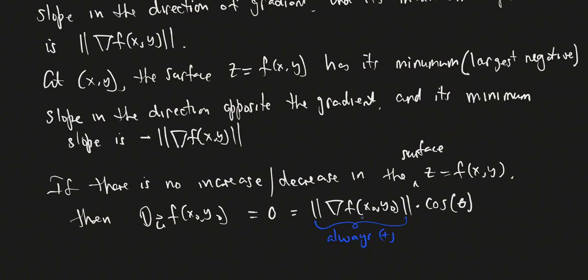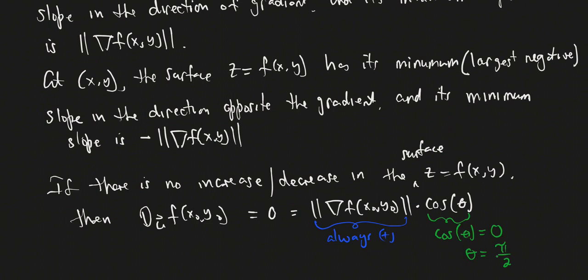So the only way this product could be equal to 0 is if the cosine of theta would have to be 0. And theta ranges from 0 to pi. What angle in that range has a cosine of 0? That is, drum roll, pi over 2.